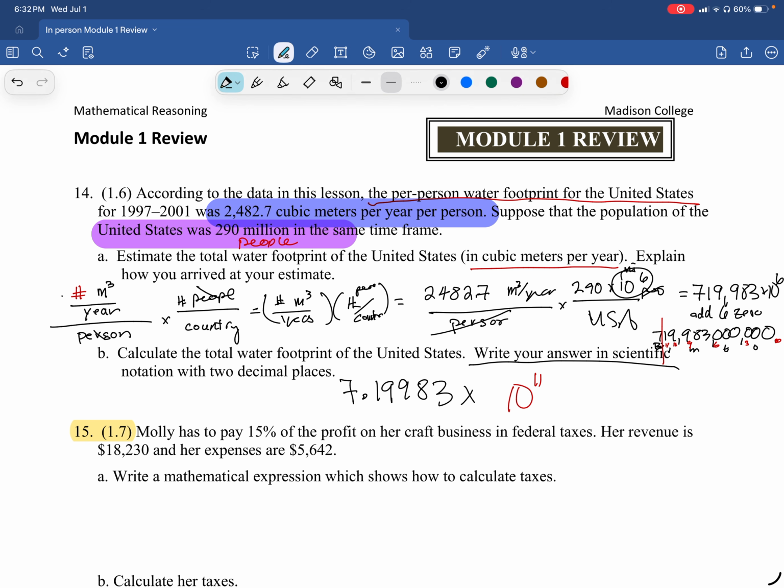Now this part with 2 decimal places, they did a sneaky 99. So 9 means plus 1. 1 plus 9 is 10. Add a 1 to 7.2 times 10 to the 11th. That is a question I would write, because I love to make people do the work with the roundup.